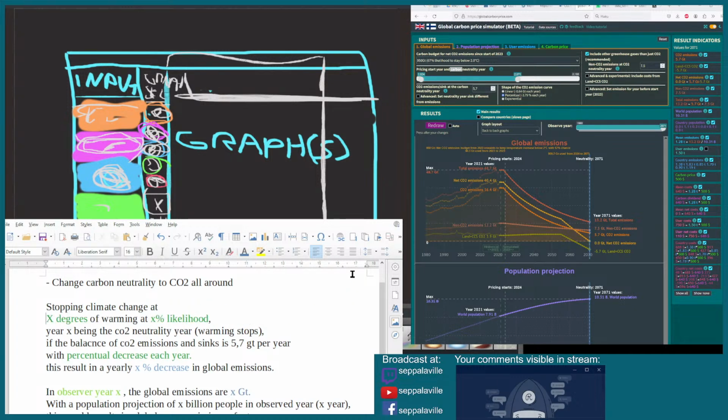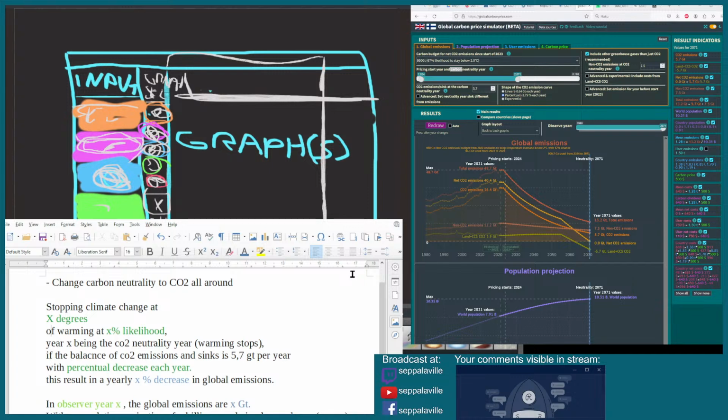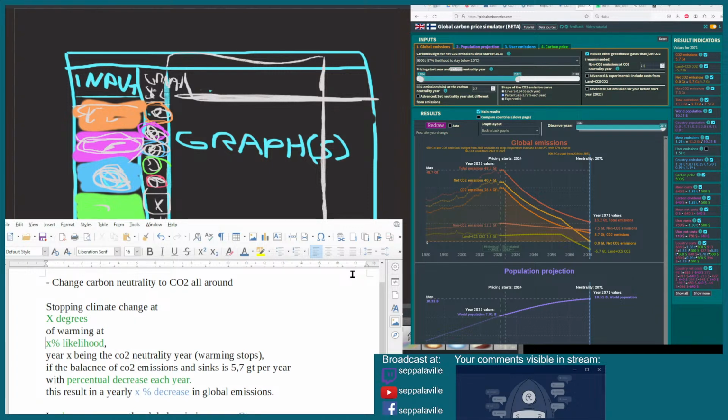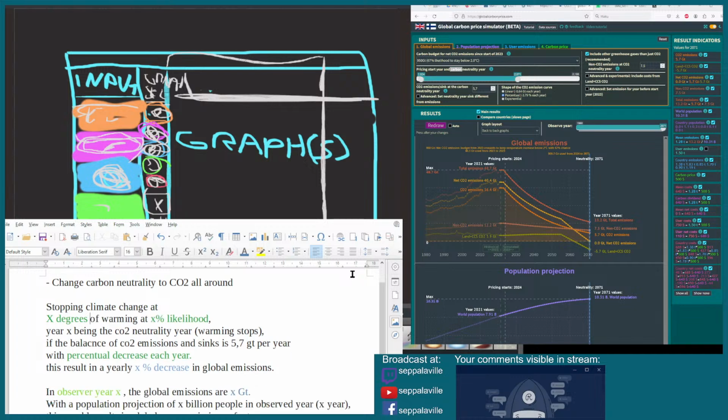What if I write it like this? Imagine that every line is, so here would be a selection, I don't know.